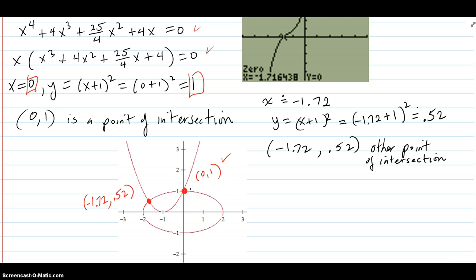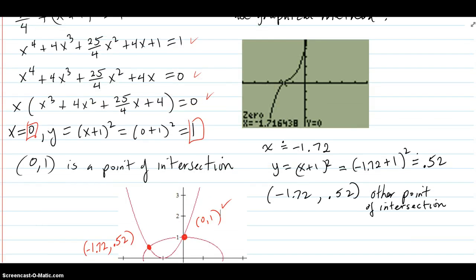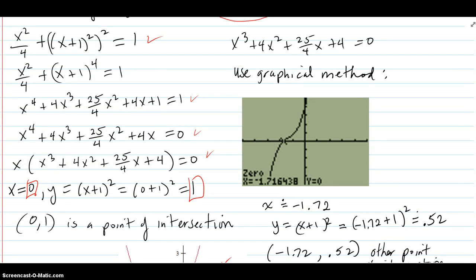Then we try to find the other x where they might intersect. This comes from here. We want to know where that's 0. And so I put this into the TI and did the second calc zero technique, and I found this point, which is right here.